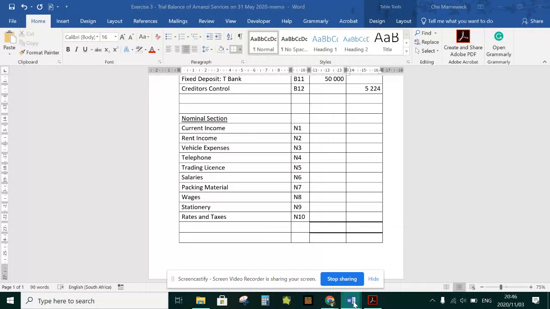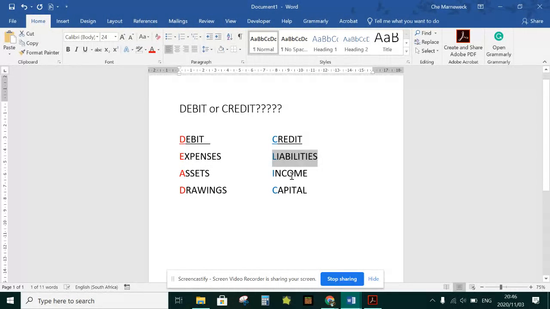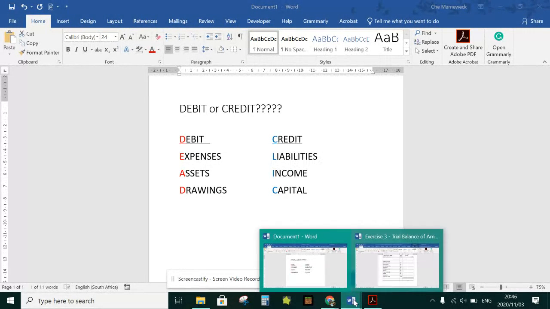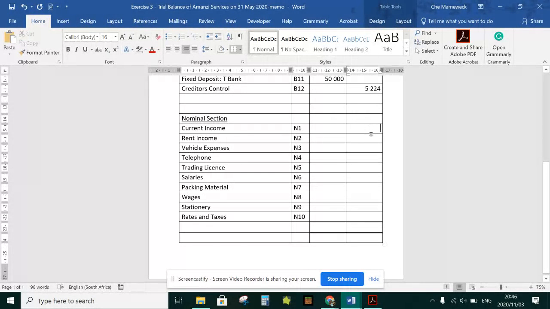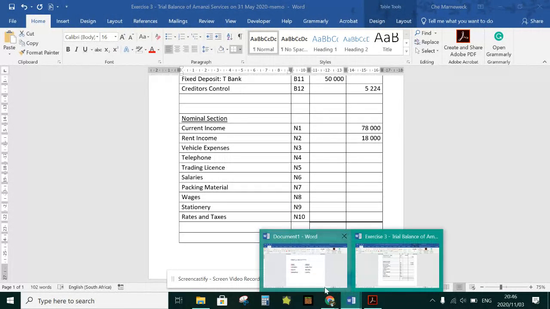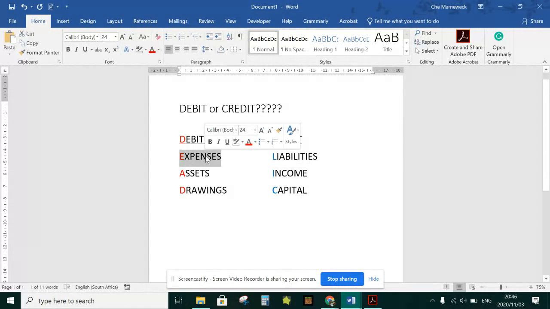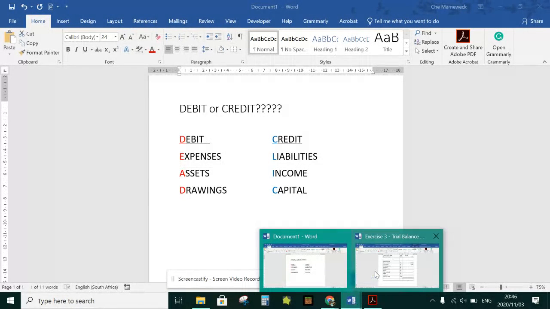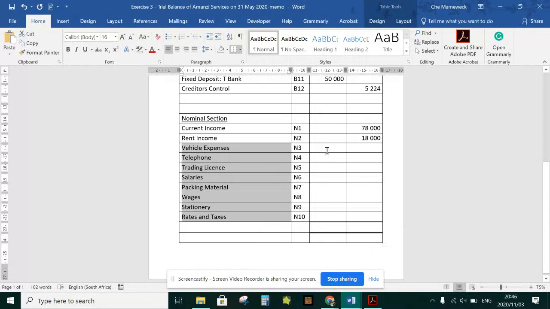Income is under credit. Our incomes are on the credit side. Current income, 78,000. Rent income, 18,000. Whatever's left over is an expense. What do we do to expenses? Debit.